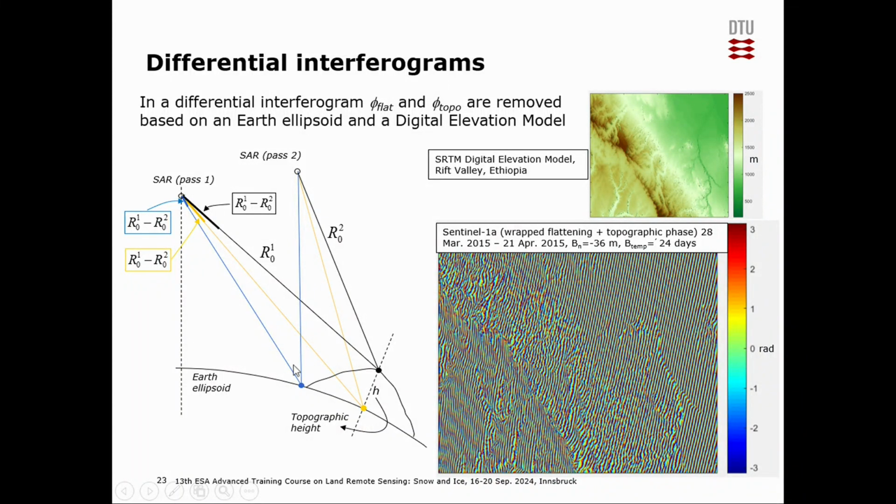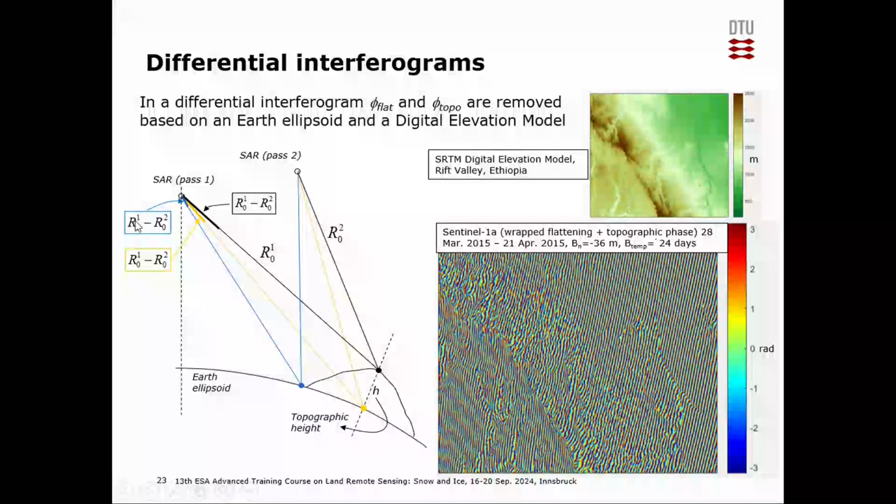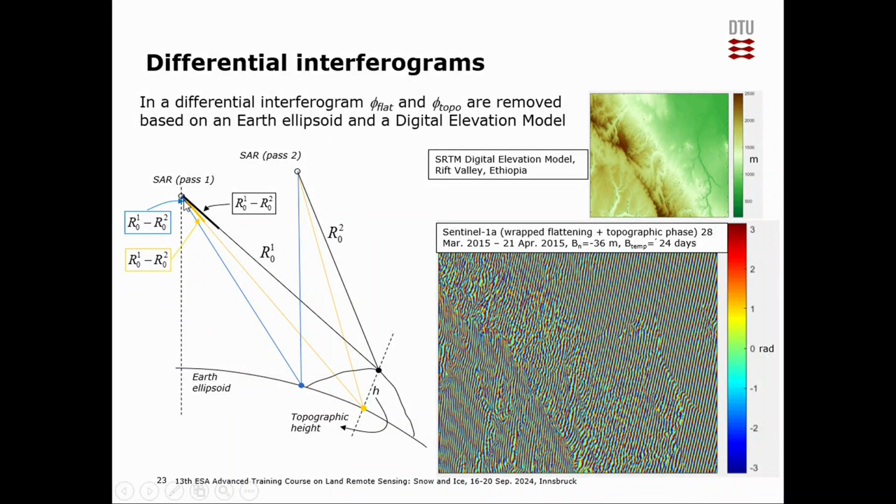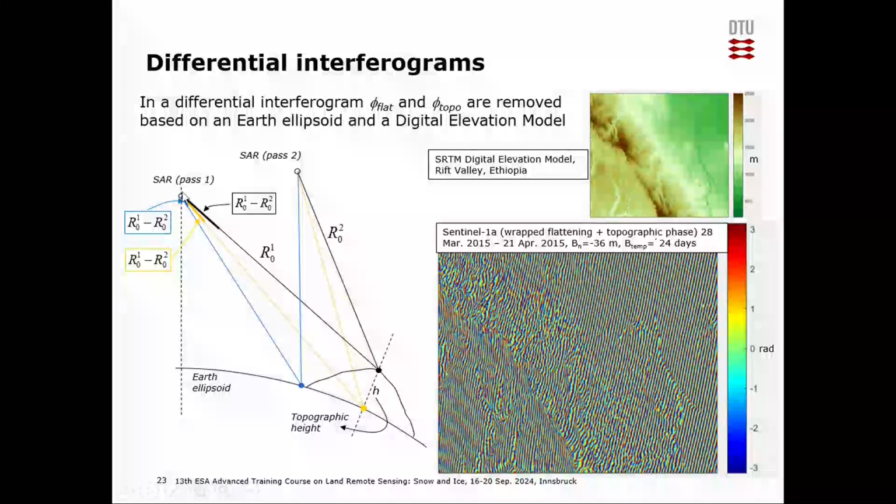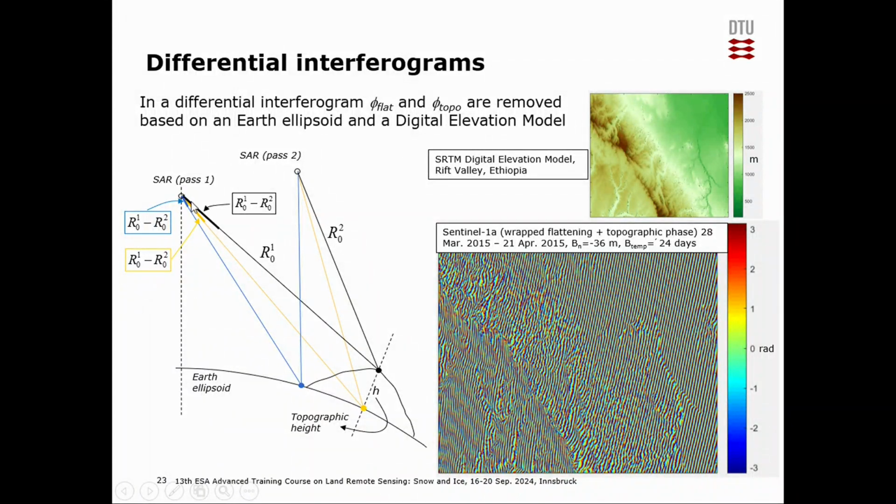As you see here, this blue triangle, this distance difference, R01 minus R02, is this thick blue line. For the yellow point, this R01 minus R02 is the yellow line. So there is a change in this deterministic term. And that is actually what we see here.